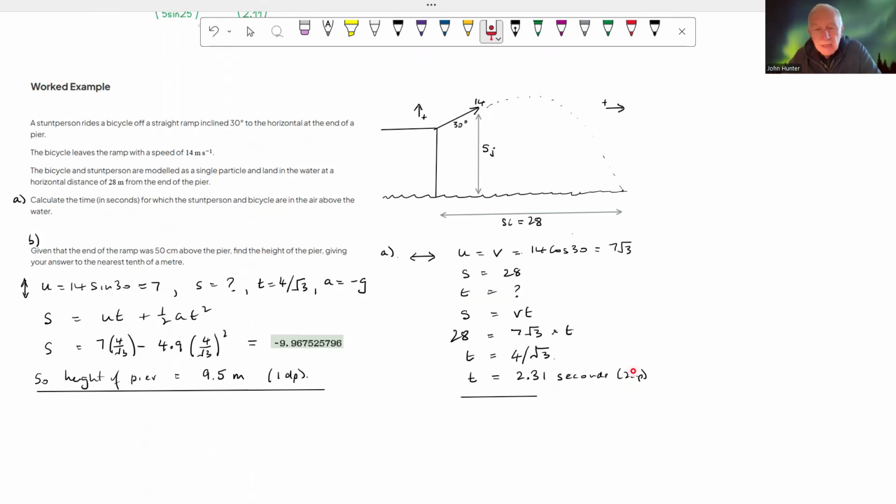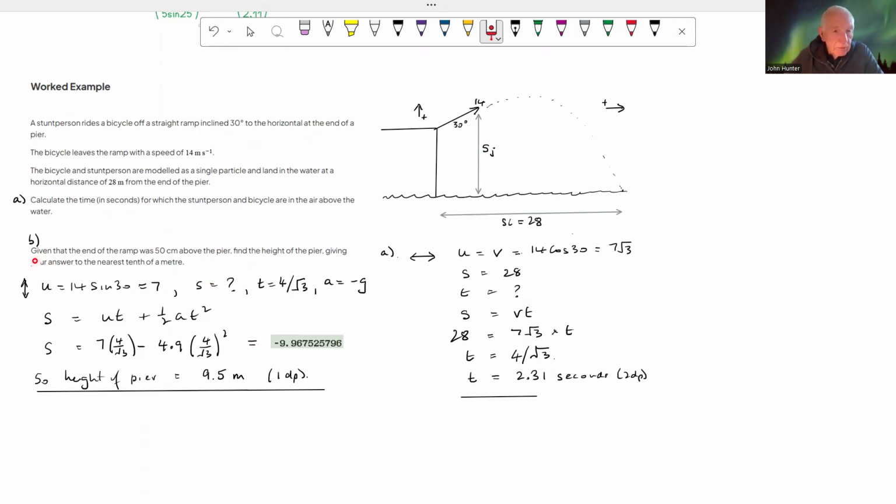Now, that is the time of flight. It's a classic problem: work out the time of flight and then apply it to the displacement in the other direction. Usually you find the displacement in the vertical or the horizontal, and you have to find the other one. That's a classic form of the problem.